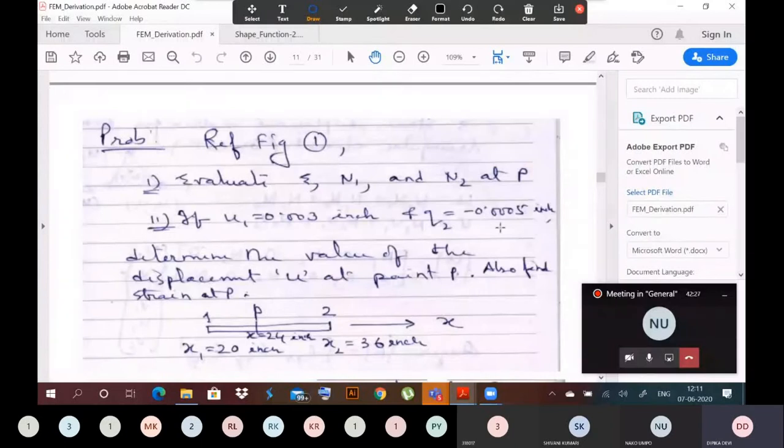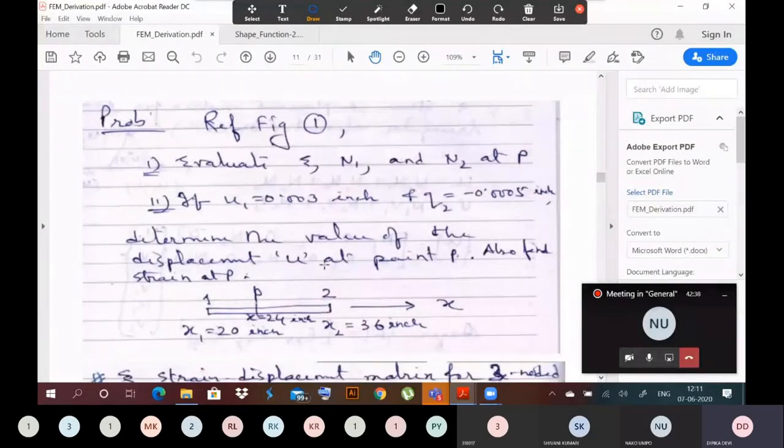So this is a simple problem. We have been given the bar element. The x coordinate X1 at node 1 is 20 inches, and X2 at node 2 is 36 inches. We have also been given the x coordinate of this point P, which is 24 inches. From this given data, we need to evaluate the values of xi, N1 and N2 at point P, whose coordinate x is equal to 24.